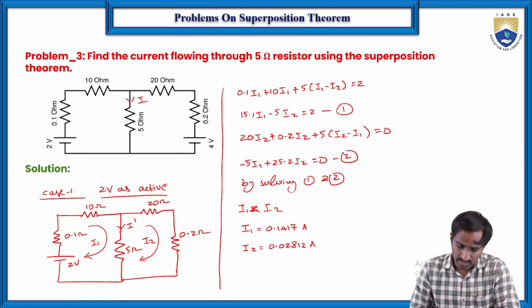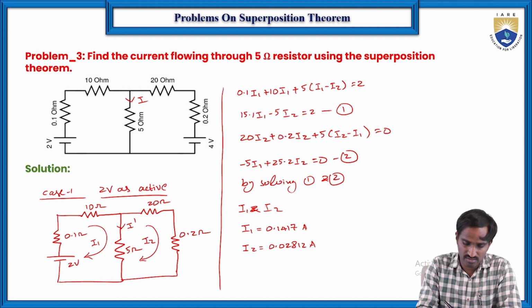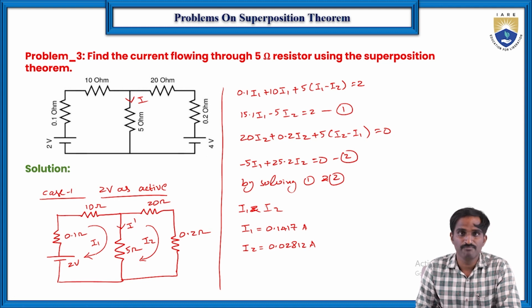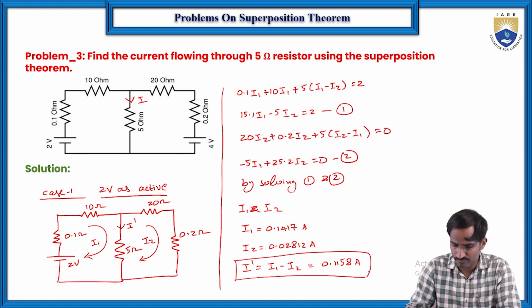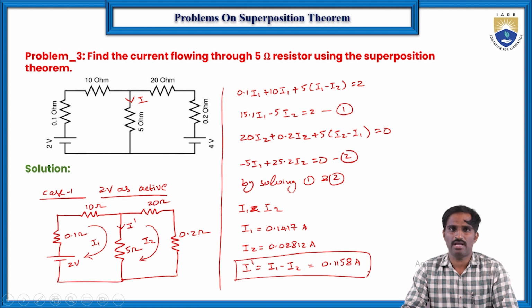Then the I dash value is I1 minus I2, because the direction of I is from this point to this point, and I1 is also in the same direction. So that's why we write I dash equal to I1 minus I2, which is equal to 0.1158 amperes. So this is the value of I dash.